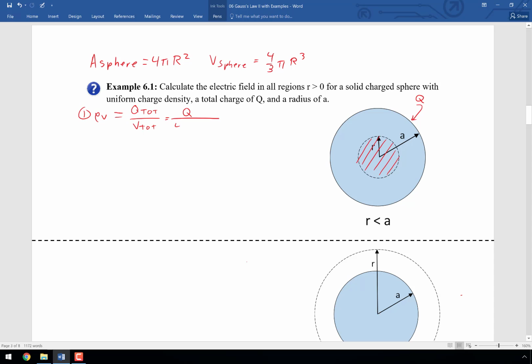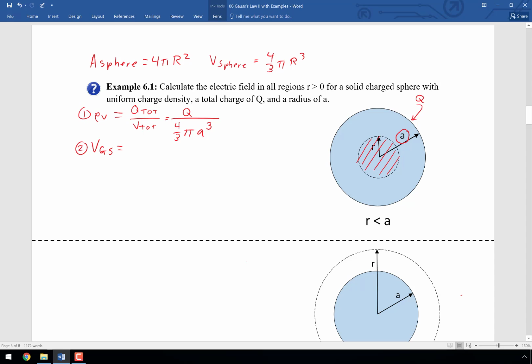Well, this is a sphere, so it's the total volume of a sphere, 4/3 pi. And now what is the radius of that sphere? Well, the radius of the total sphere is a. So this is 4/3 pi a cubed. And so that is the charge density. Now the second thing that I want to do is figure out the volume of the Gaussian surface.